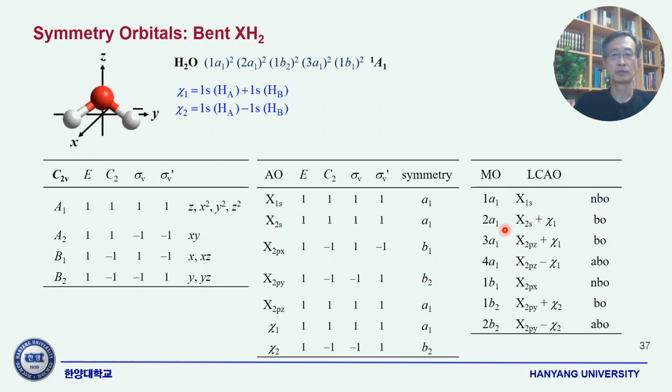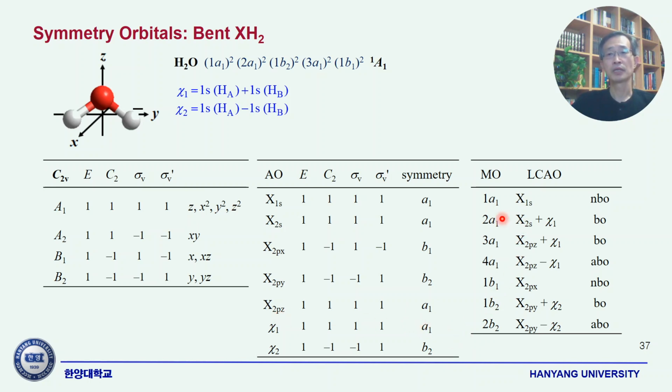And then you could obtain a linear combination of s and A1, because this chi1 and the 2px, which is B1, does not combine with either chi1 or chi2, because chi1 and chi2 are A1 and B2. So B1 must be just non-bonding. 2px is non-bonding, and then 2py is B2 symmetry, and it can combine with chi2. And again 2pz is A1, so it can combine with chi1.